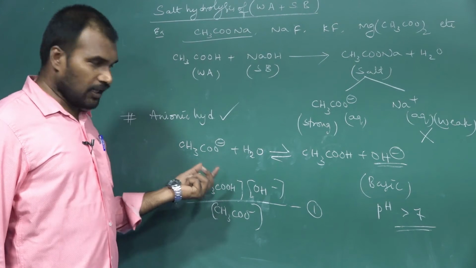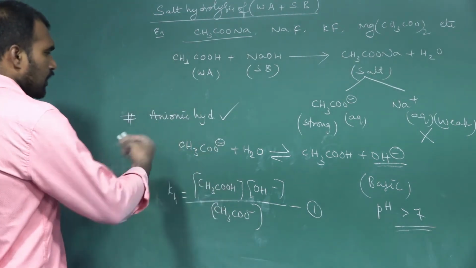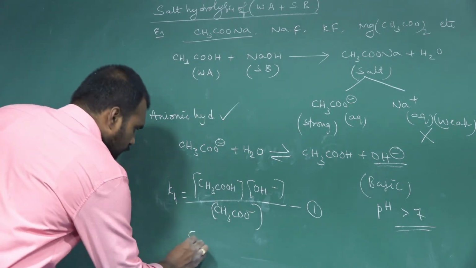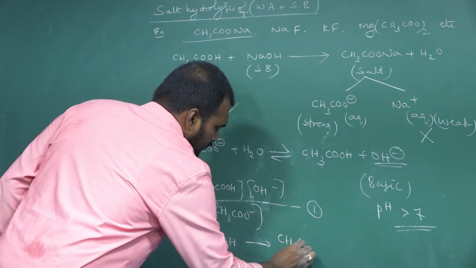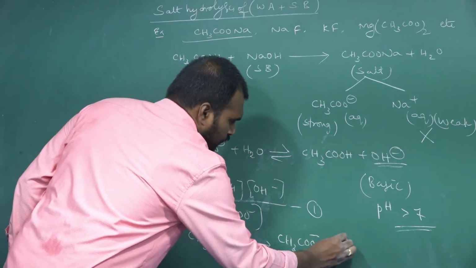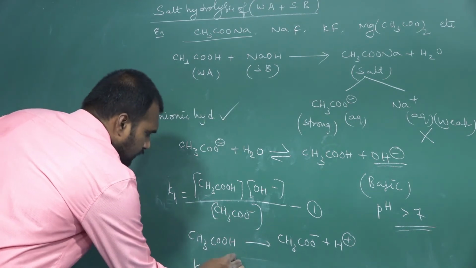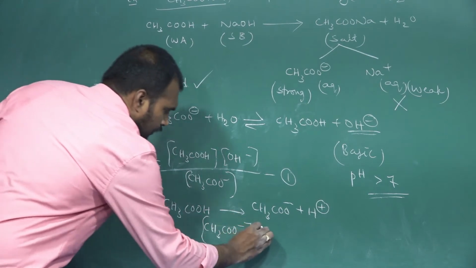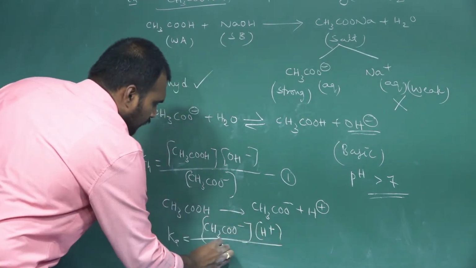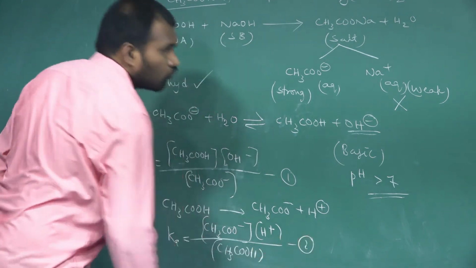Similarly, the weak electrolyte here is the acid, so write the equation for the weak acid: CH3COOH dissociates into CH3COO minus plus H plus. Ka is equal to CH3COO minus concentration into H plus concentration divided by CH3COOH concentration. This is equation number 2.